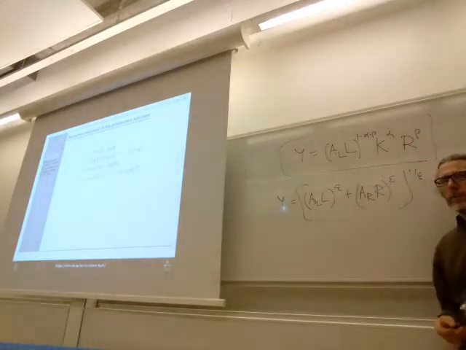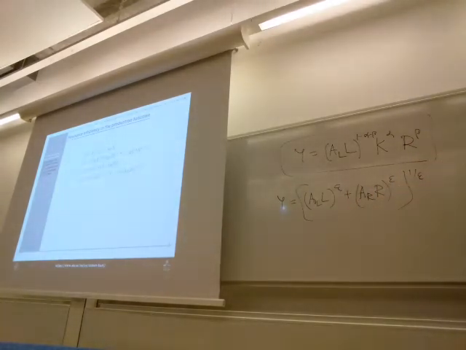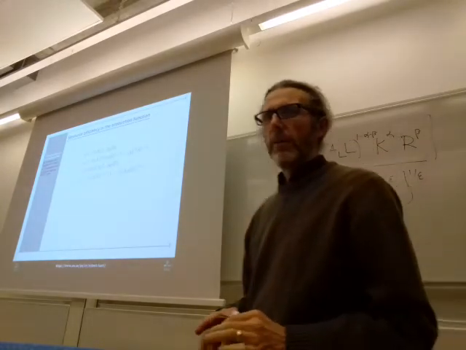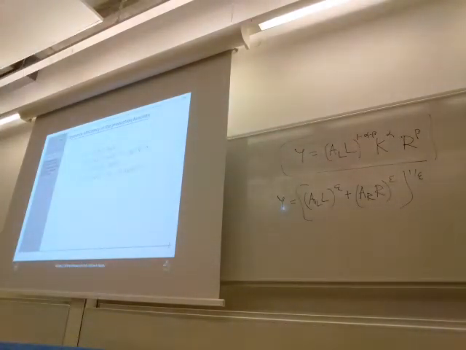So what value of epsilon would give us perfect substitutes? Have a think. Give me some thoughts. Yeah, I'm saying straightforward the answer. 1. What do the rest of you think about that? Sounds good. So what do we then have? We just have y is ALL plus ARR.